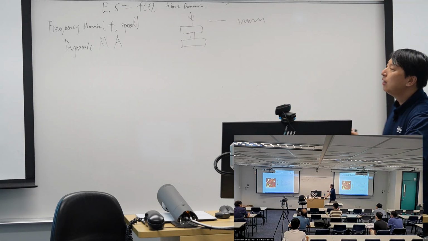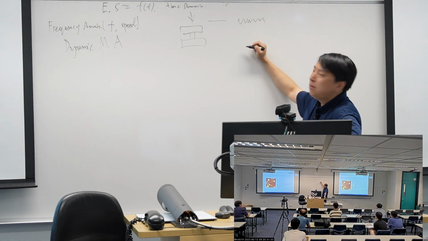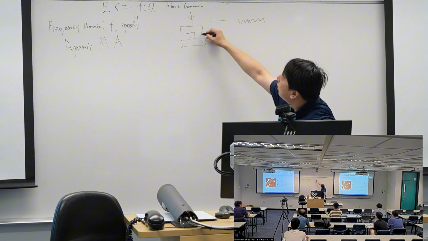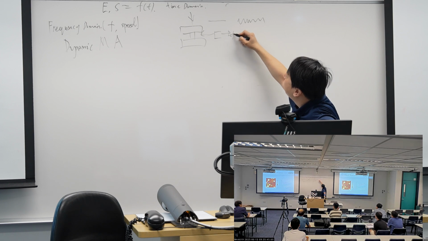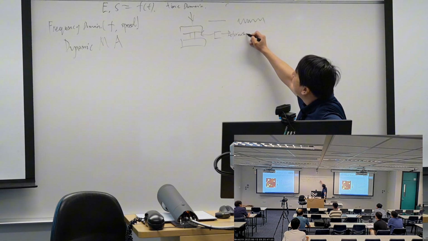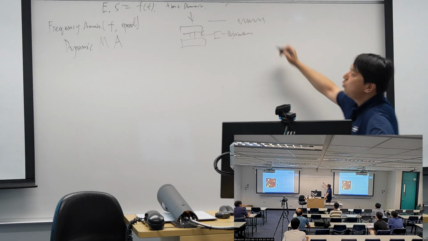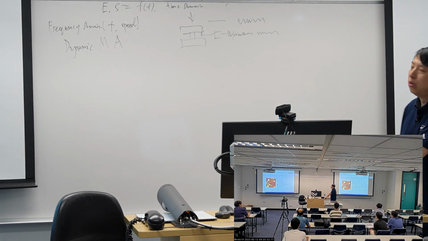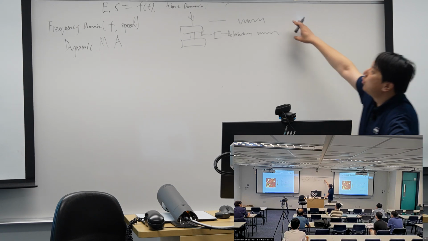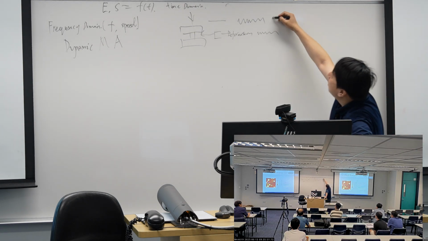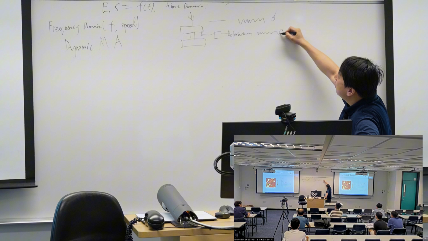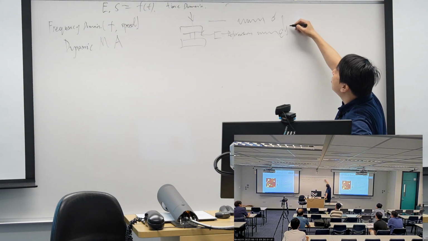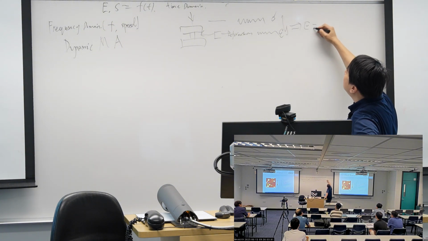And then we do the same thing. We observe the deformation change, and the deformation change should also be in frequency, or in this kind of oscillation. And from the stress and the strain we have, we also give out the modulus.